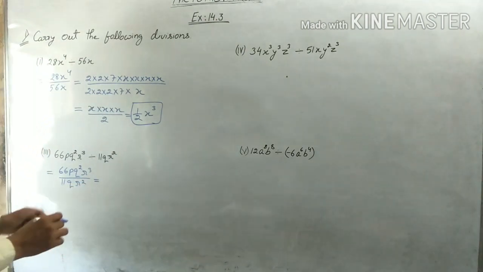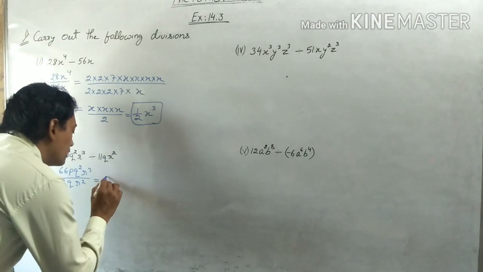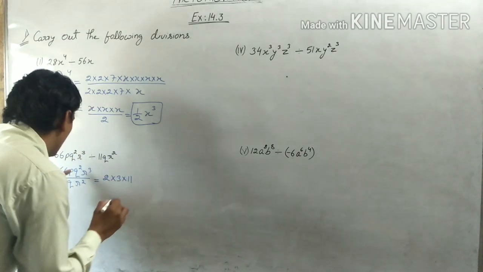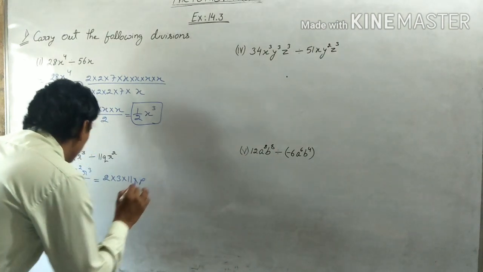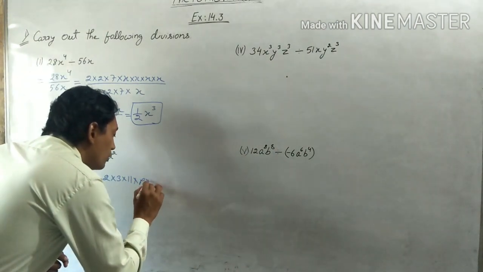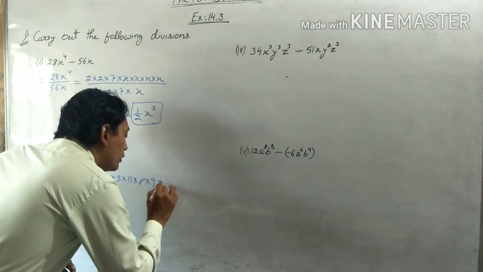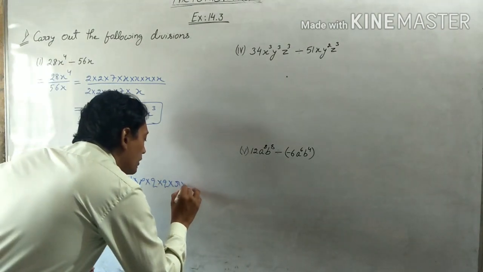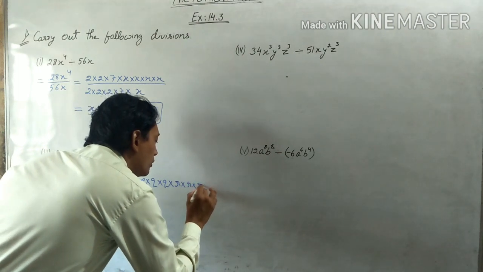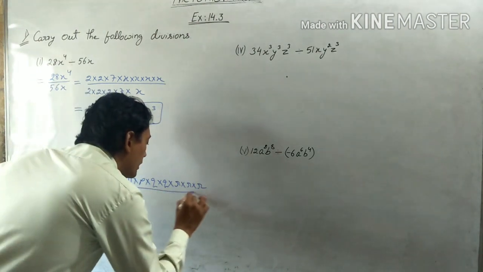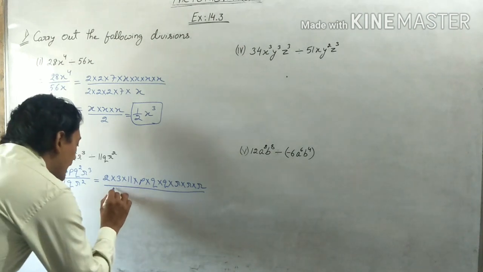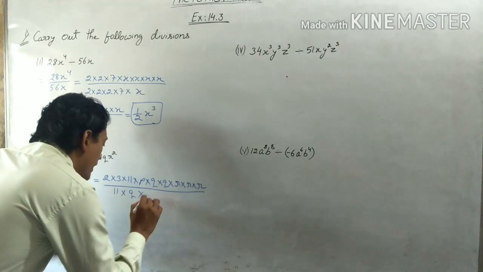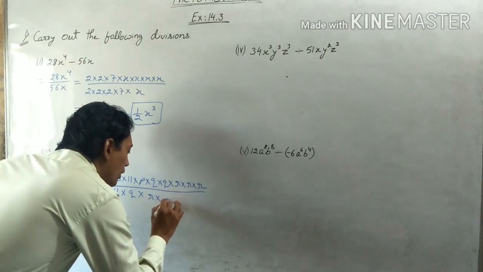Now 66 can be written as 2 into 3 into 11 into p. q square is q into q, r cube is r into r into r, whole thing divided by 11 into q into r square, that is r into r.